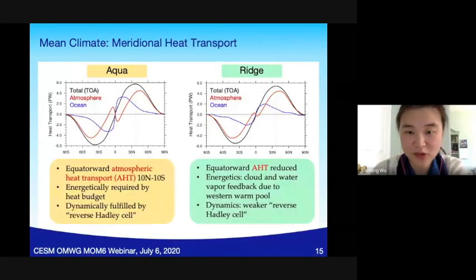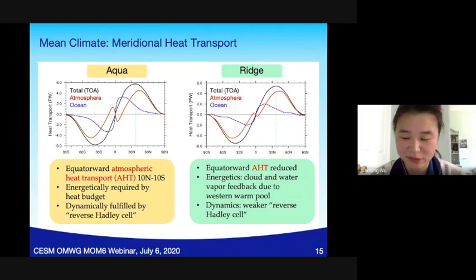And to tie it up, revisiting the meridional heat transport calculated from those two components, we see that, consistent with both the energetic constraints and how the dynamics was working on the Aqua planet, the atmosphere is actually moving energy equatorward within 10 degrees north and south.